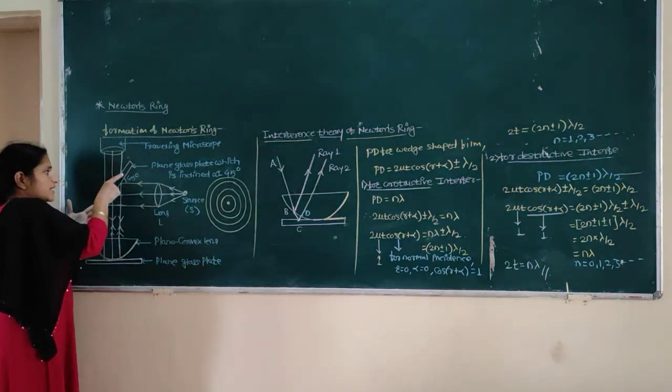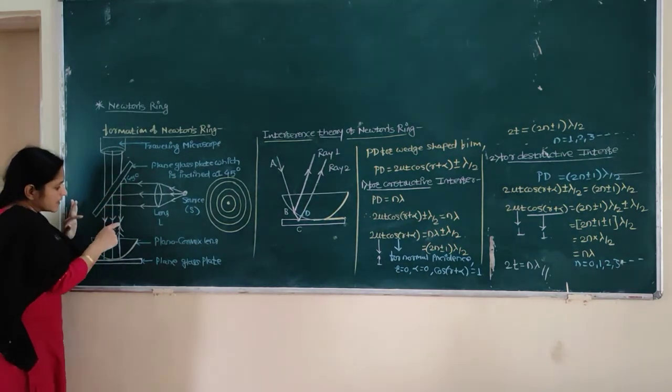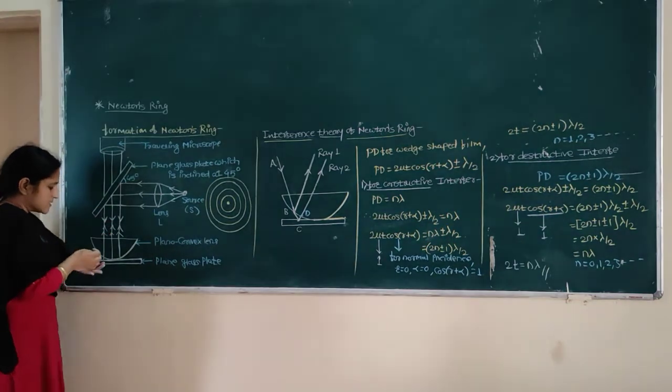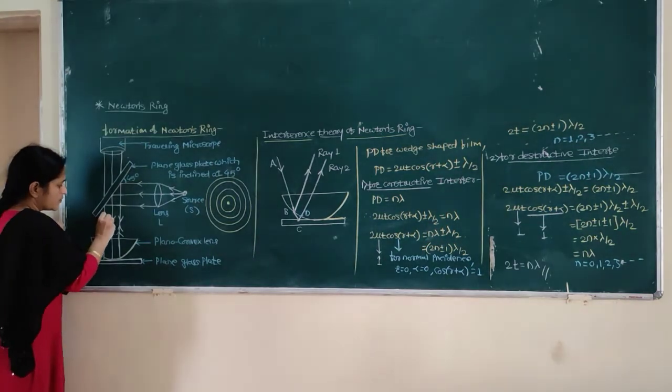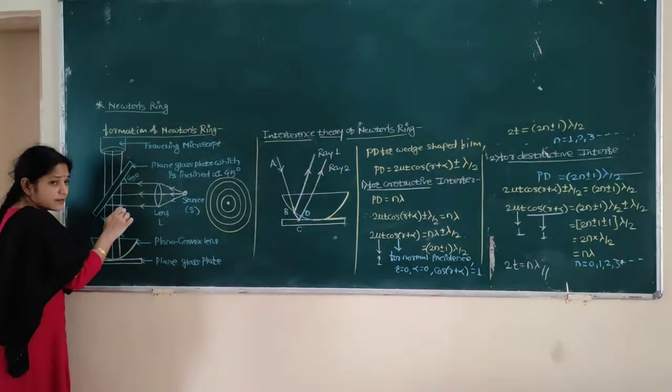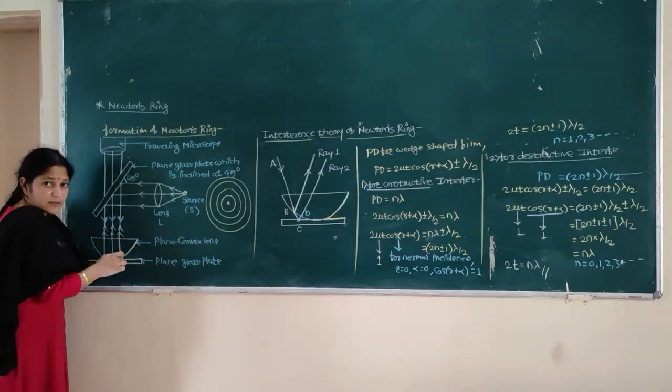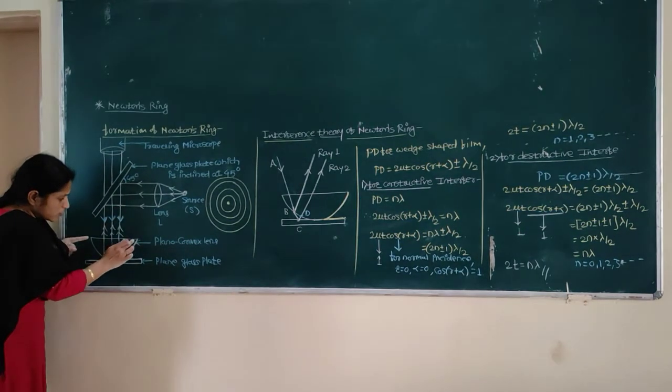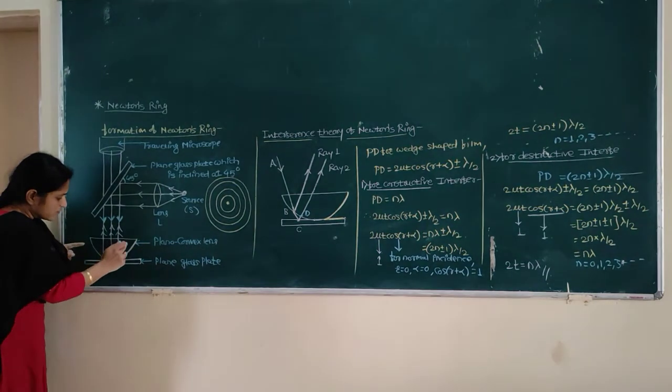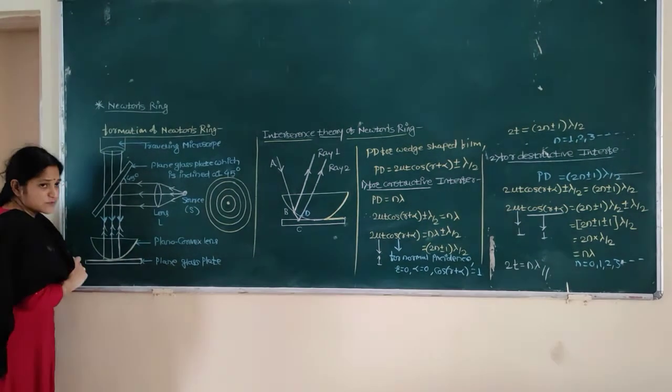Now from the plane glass plate the light will be reflected in downward direction like this. See this arrow? So the light will be reflected in downward direction and incident on a plano-convex lens which is placed on a plane glass plate.